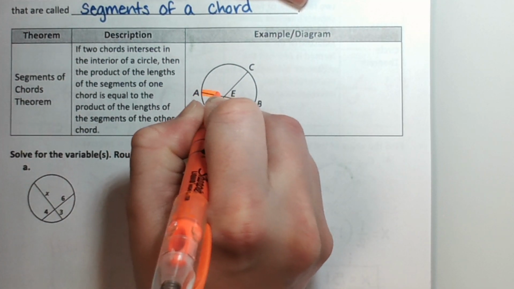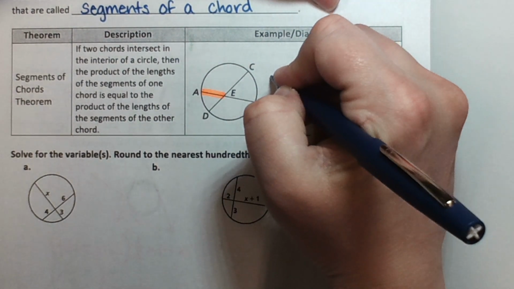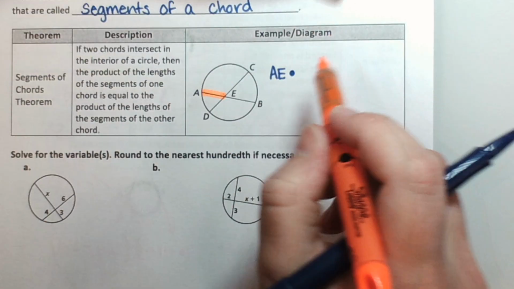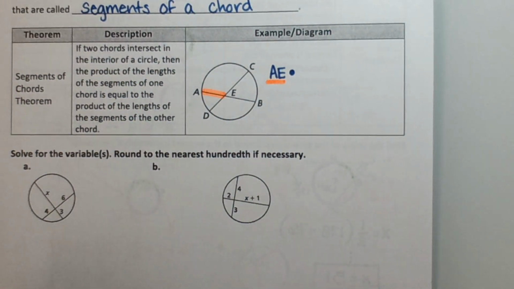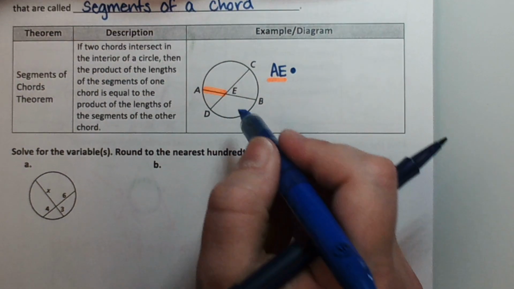But this theorem says to take one of the segments from the chord and multiply it by the other segment of the same chord. What is the name of this segment? AE. So AE is going to get multiplied by what segment is in the same chord as AE? EB.